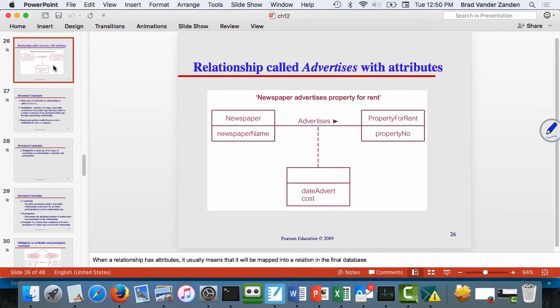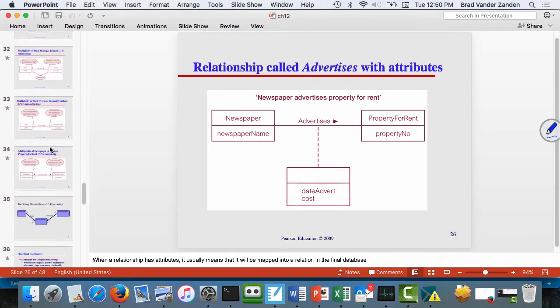So this one right here is a many-to-many relationship because a newspaper may advertise 1 to many properties. A property for rent may be advertised in 0 newspapers if it is already leased and therefore not being advertised. It could be listed in many newspapers. So the cardinalities for both of them is many, hence it's a many-to-many relationship.